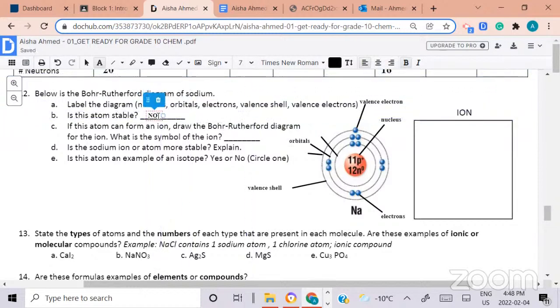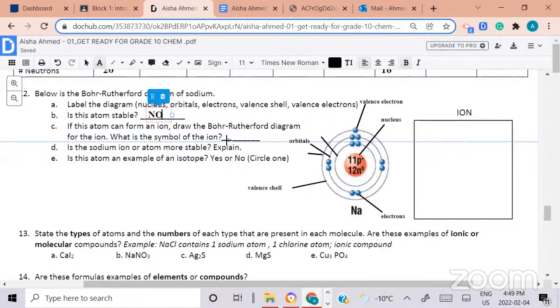Now, if this atom can form an ion, draw the Bohr-Rutherford diagram for that ion, and what is the symbol of the ion? An ion is like the stable form of the element. Something's going to happen to that valence electron that makes it stable.